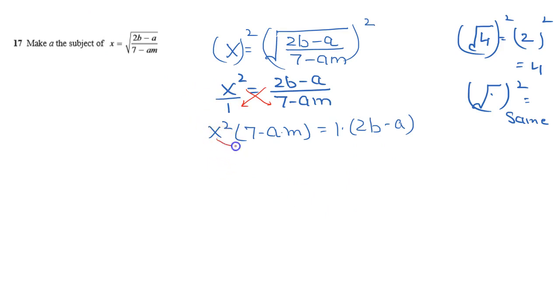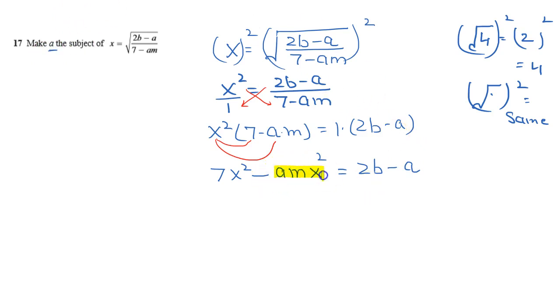Now x square is to be multiplied by 7 and by am. So it will be 7x square minus amx square is equal to 1 multiplied by 2b minus a, which will remain 2b minus a. We have to make a the subject.